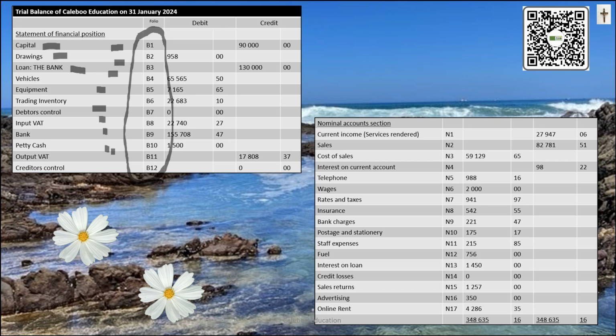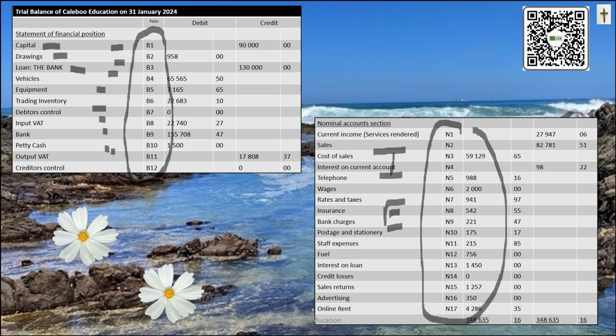And likewise with the nominal accounts, your income and expense accounts, they were also given folios. So when we do the ledger accounts, you will understand where all these folios come from. They come from, in this case here, the trial balance, or when the accounts were set up. They were given a reference, a folio.